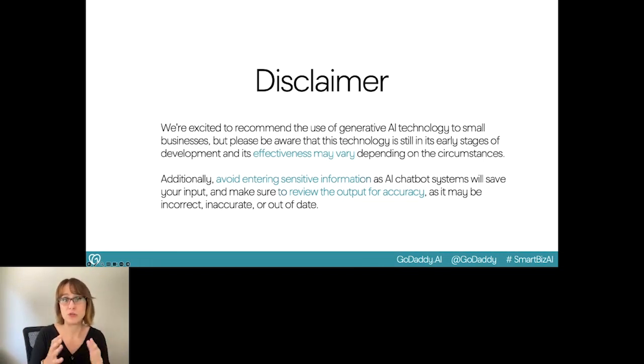Also, make sure that you review the output for accuracy. We'll go over this a little bit more at the end of the session, but AI is just possibly incorrect. It might be inaccurate. It might be out of date, or it might just make up and hallucinate stuff. And it can sound very convincing when it does it. So we'll go through a bit more of that and explain how these large language models, chatbots work, so you can kind of understand why that happens as well.